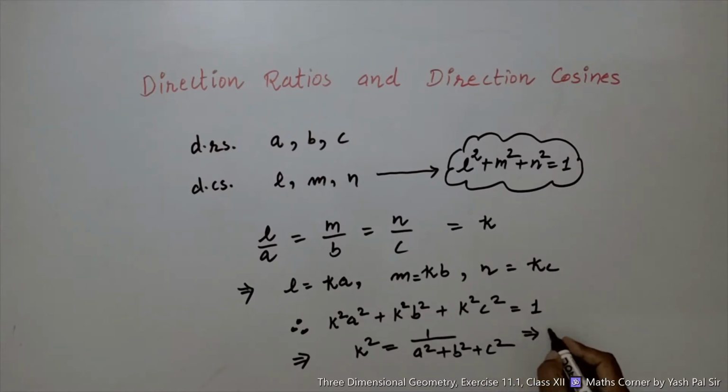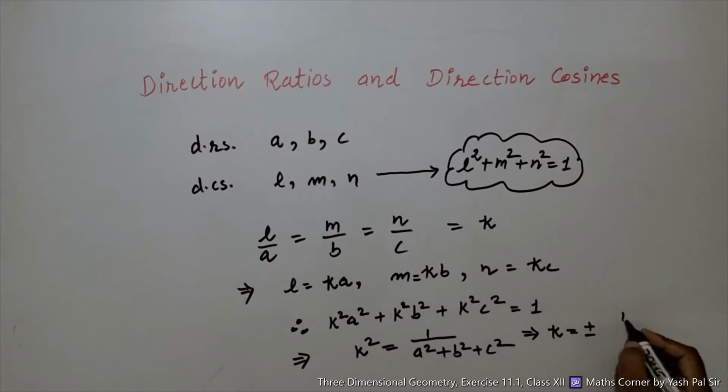From this we can say the value of k is equal to plus minus 1 upon square root of a square plus b square plus c square.